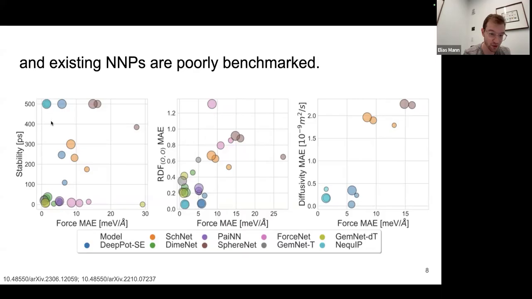For example, on the left here we have MD stability, where we want this number to be higher, and then energy and force error, where we want this number to be lower. We don't really see a big correlation between whether the model does stable MD and whether the error on the forces is low. For RDF, and this is on water molecules by the way, the RDF and diffusivity do show a bit more of a correlation.